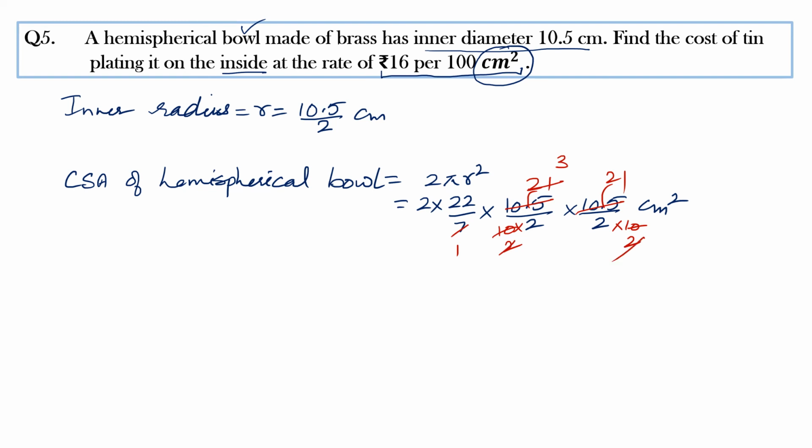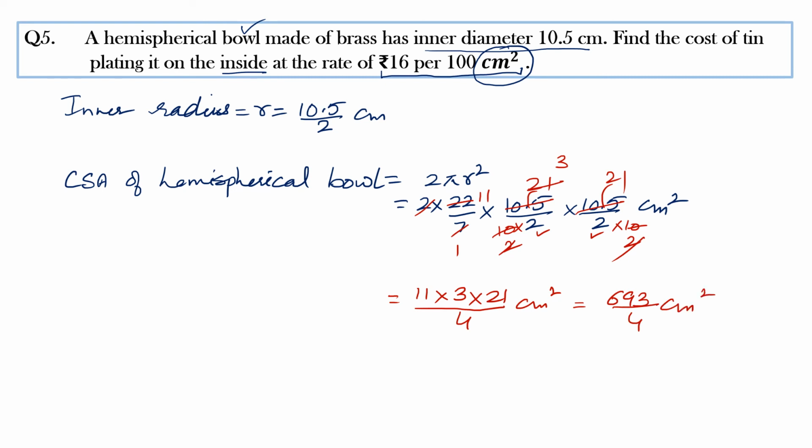Sorry, 2 से ये 2 cancel and this से ये cancel. So we have 11 into 3 into 21, denominator में 2 into 2, that is 4 centimeter square. इनको जब हम लोग multiply करेंगे, we'll get 693 by 4 centimeter square.